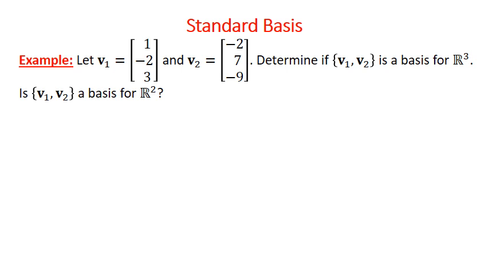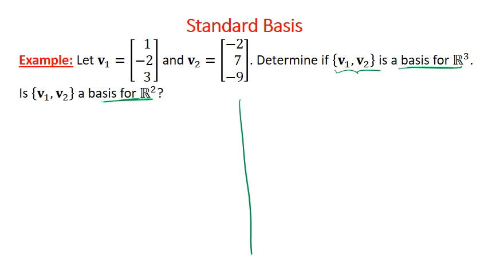So let's look at this in specific examples. The first thing we're going to do is determine if this set is a basis for R3. And then we're going to try to identify if it's a basis for R2.